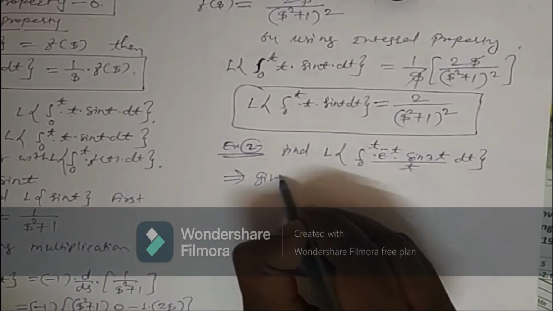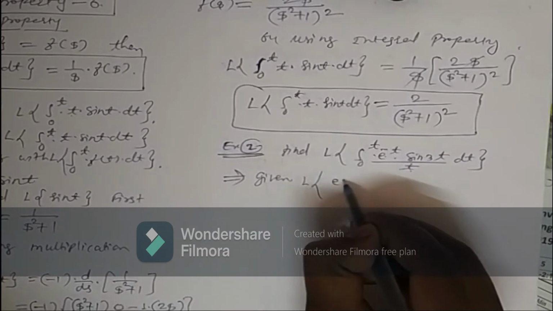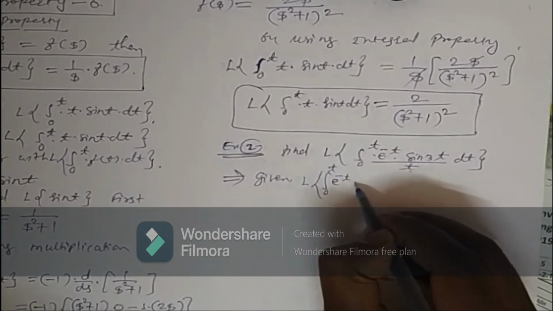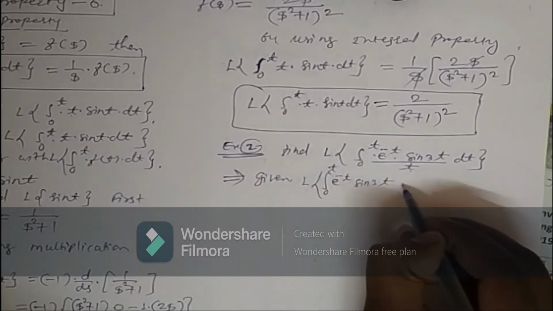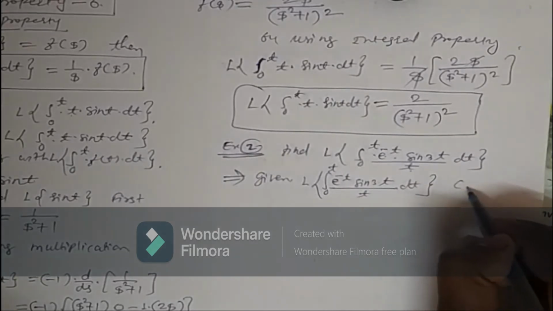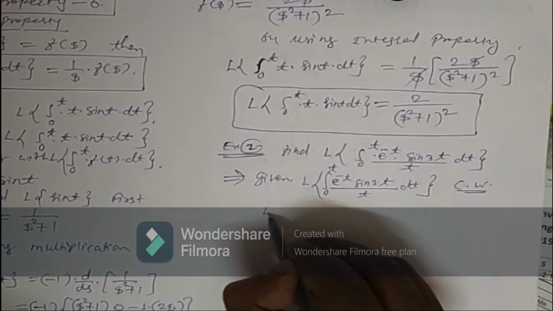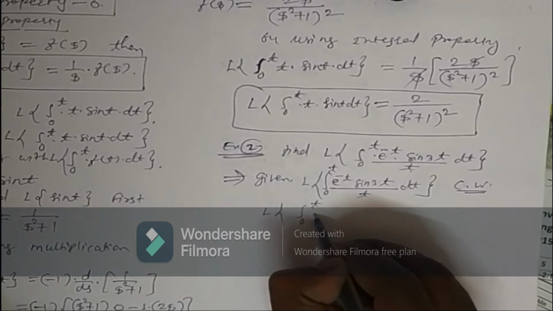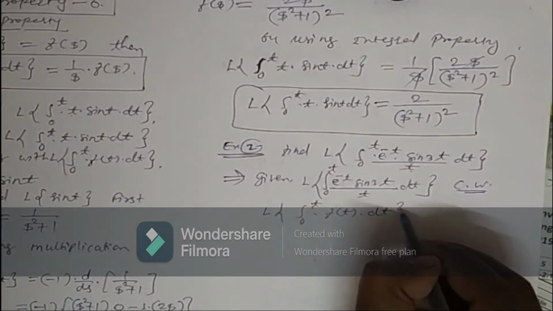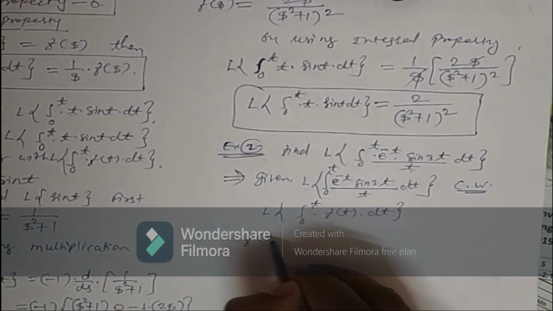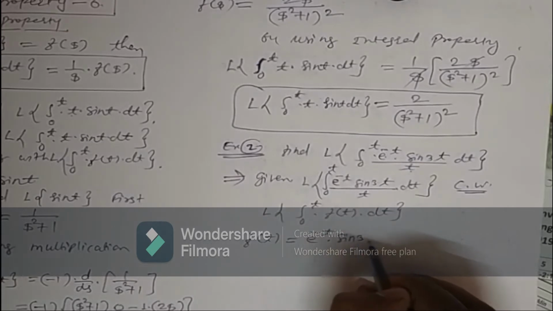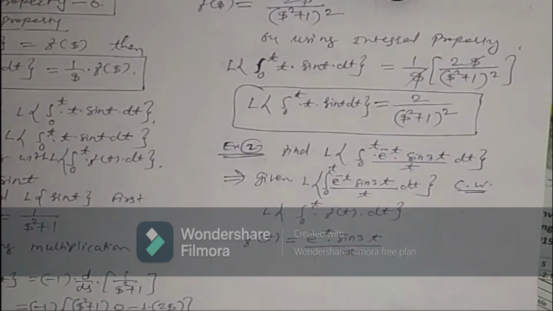So given the Laplace transform of the integration from 0 to t of e raised to minus t sine of 3t divided by t into dt, comparing with the Laplace transform of integration from 0 to t of f of t into dt, if you compare this, what do we get here? f of t is equal to e raised to minus t into sine of 3t upon t.